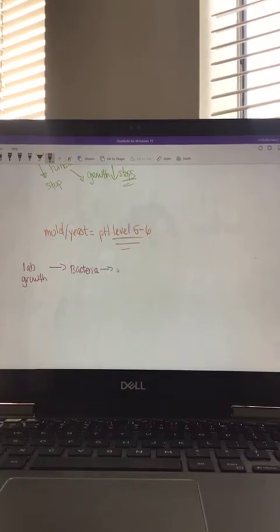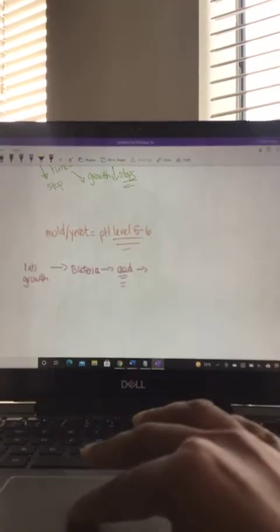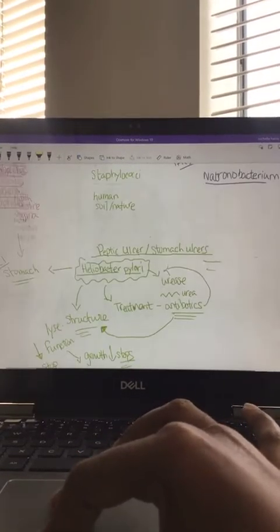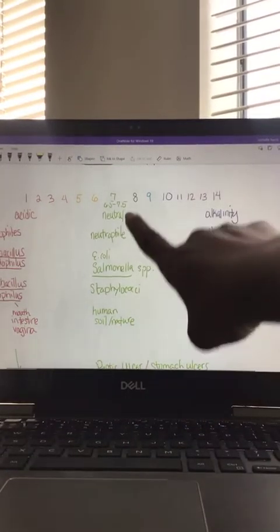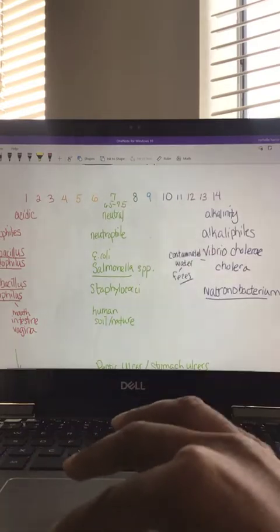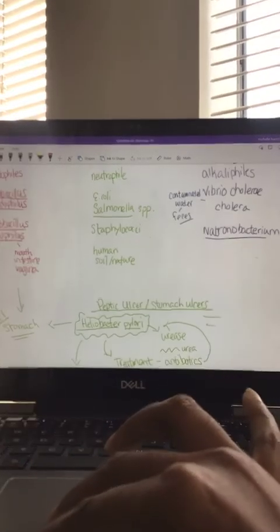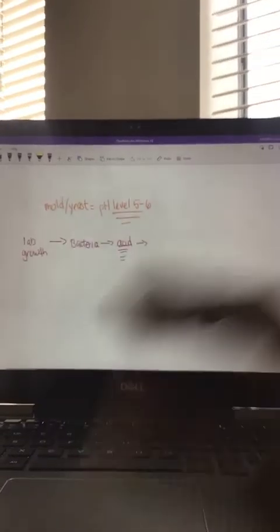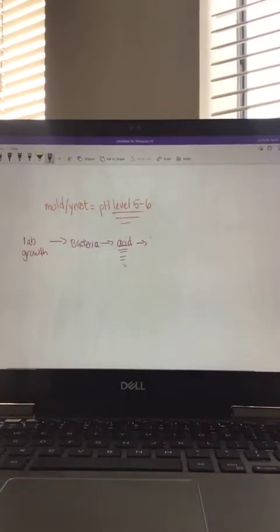Our bacteria produce acid, and when they produce acid, they aren't able to grow as well as we want. Because remember, most bacteria grow in the range of 6.5 to 7.5. If their environment becomes acidic, then they aren't able to grow.